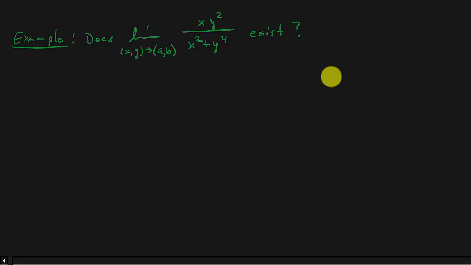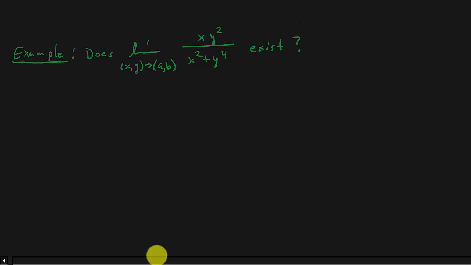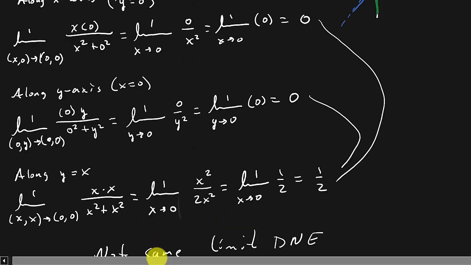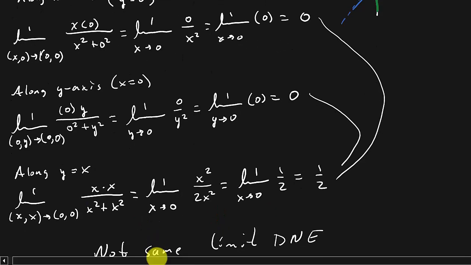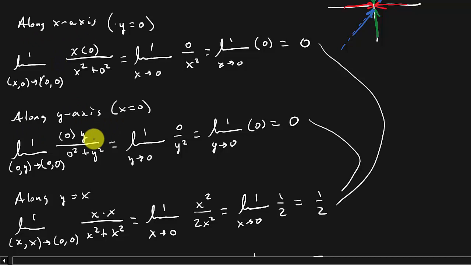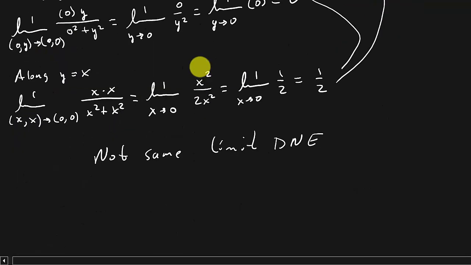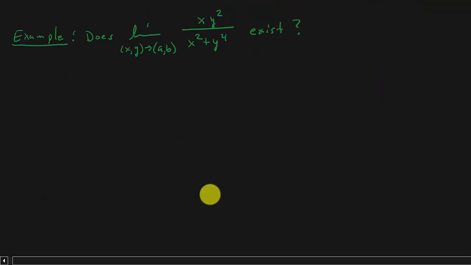Now, let's just think about that for a minute. So notice up here in this one, I did along the x-axis, the y-axis, and then along the line y equals x. So to save a little bit of time, let's go along the line y equals mx.